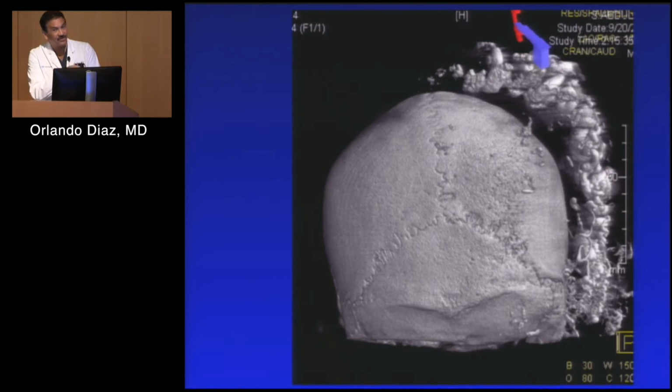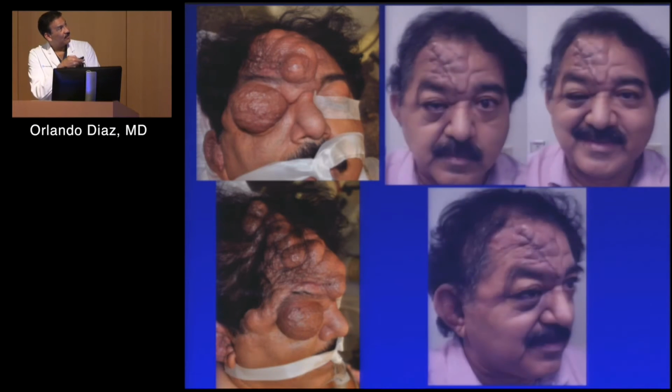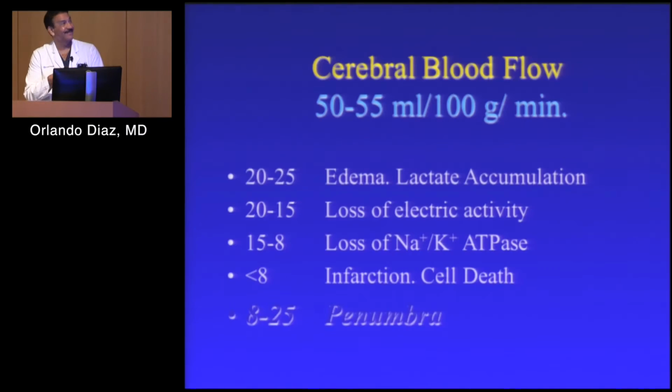It's an arteriovenous malformation, not of the brain, not the bone, not the dura. It's at the level of the skull. And this is the patient. Of course, once we close the shunt, all that extra skin has to be resected. The patient was very happy, and the wife also.